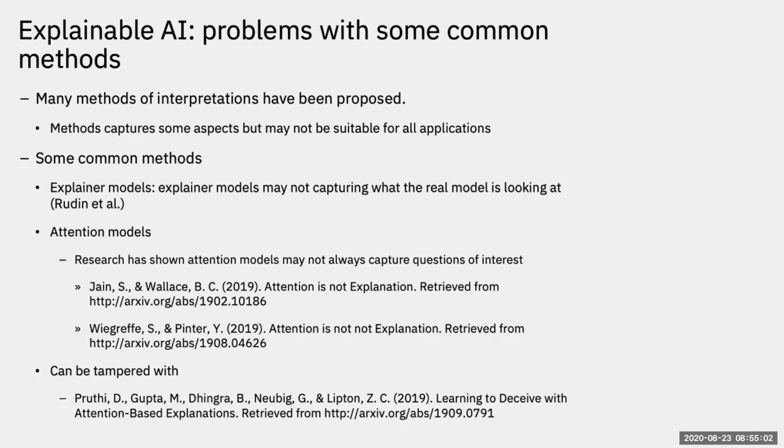Cynthia Rudin, in her seminal paper, argued that such explainer models are not too accurate. They don't follow the actual black box model so well, thus limiting the acceptance of such methods for very high-stakes decisions.